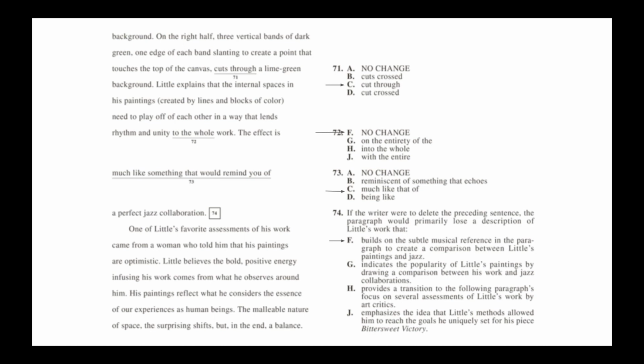Previously, we've been leading up to this whole idea of music, and this kind of concludes that idea, so taking that away would make us lose this musical reference and kind of leave us hanging in a way. So it's necessary in that what F says builds on the musical reference in the paragraph to complete a comparison between Little's paintings and jazz.